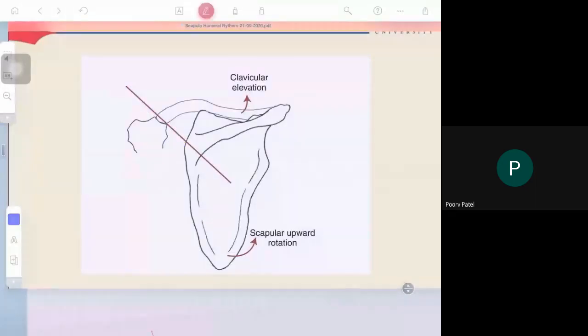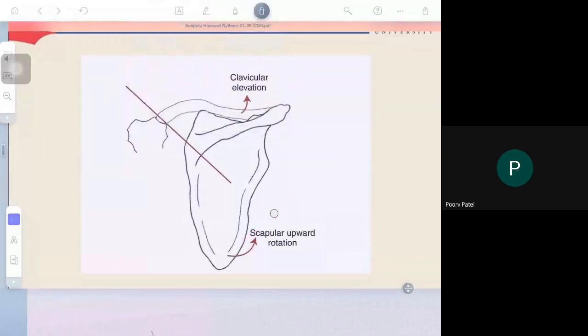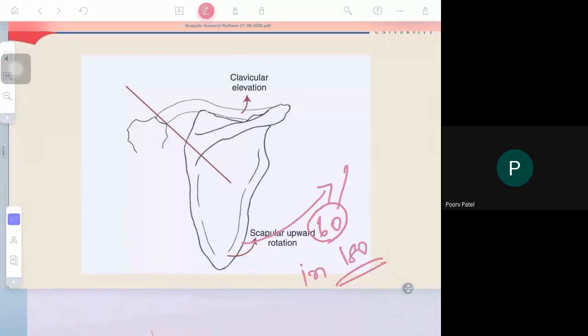You know, the scapula rotates 60 degrees in 180 degree abduction. Already we discussed. So where does this 60 degrees occur? 30 degrees occurs in the sternoclavicular joint, and 30 degrees occurs in the acromioclavicular joint.